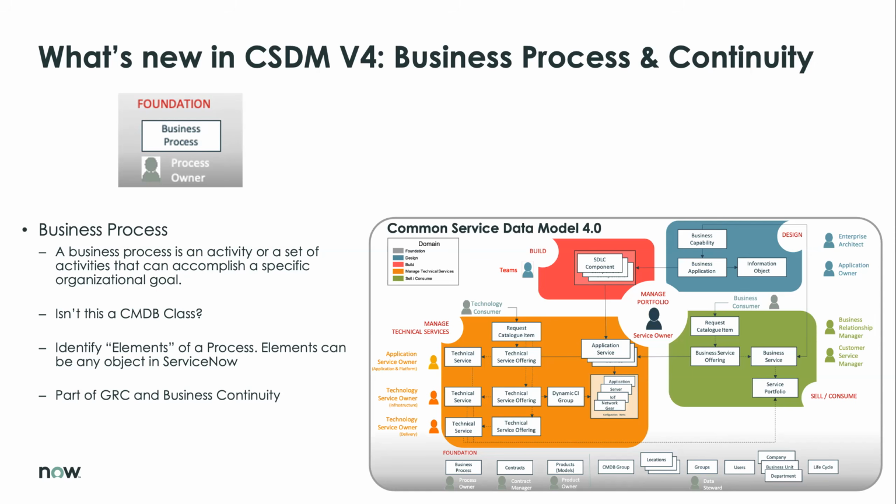And what we did is we gave the business process class inside of the CMDB, its functionality, to our governance risk compliance team, and more specifically the business continuity team, so that they could manage that object and provide very specific capability around it. And they just weren't ready yet.